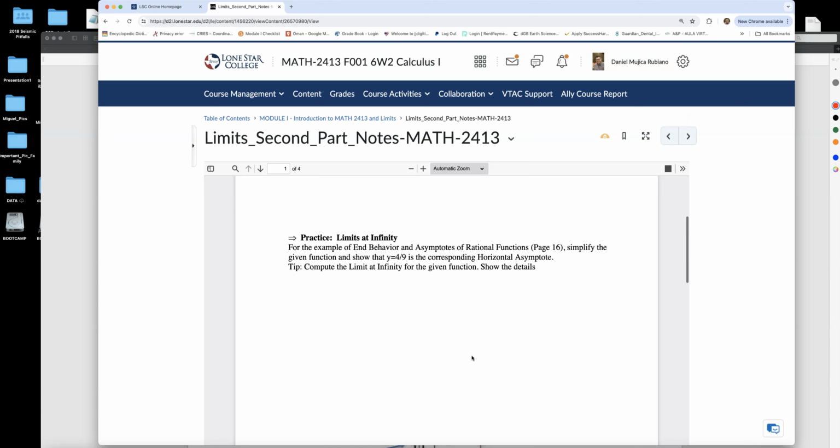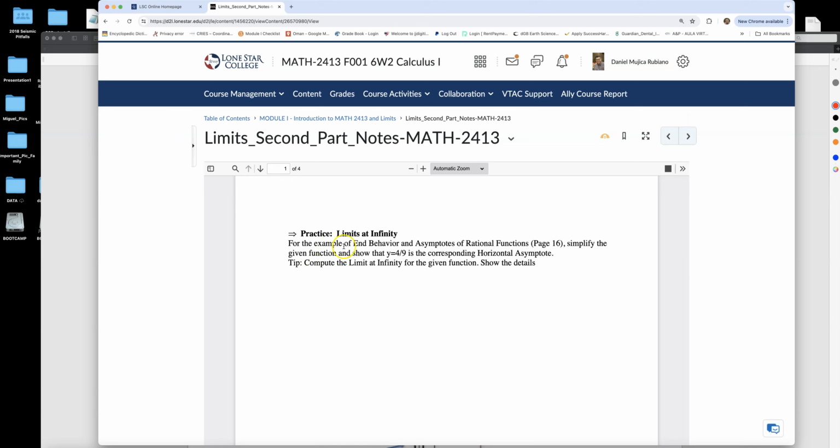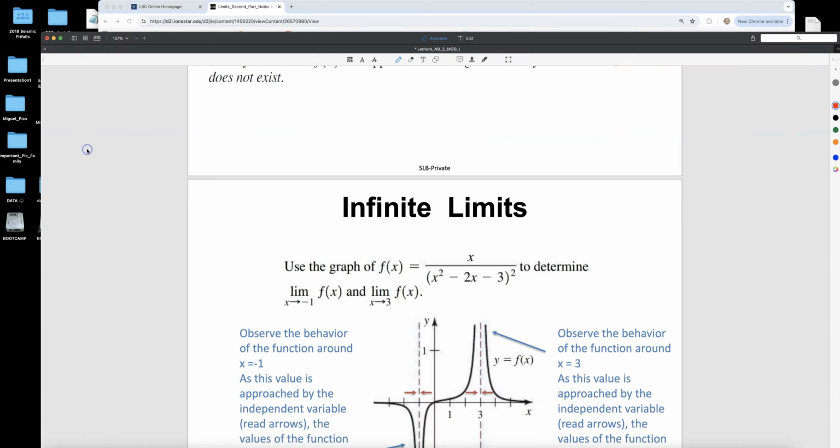In the next one, I say, okay, for the example of end behavior and asymptotes of rational function, page 16, simplify the given function and show that the horizontal asymptote is y equals 4/9. What is that one?